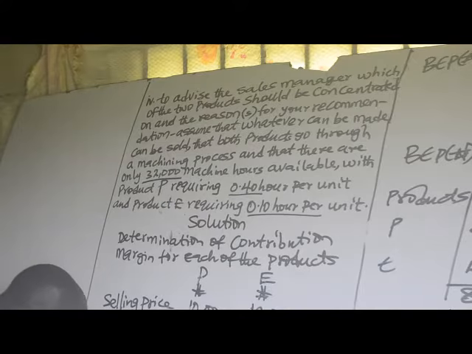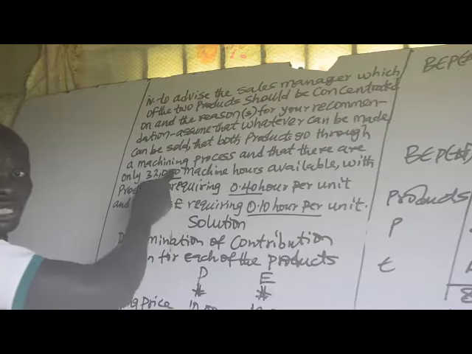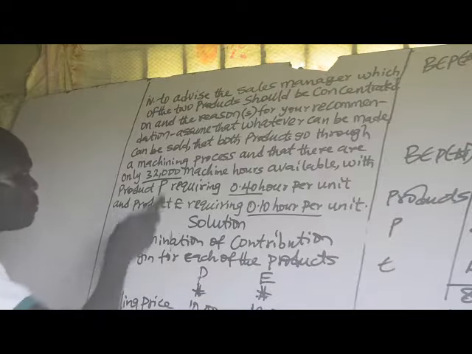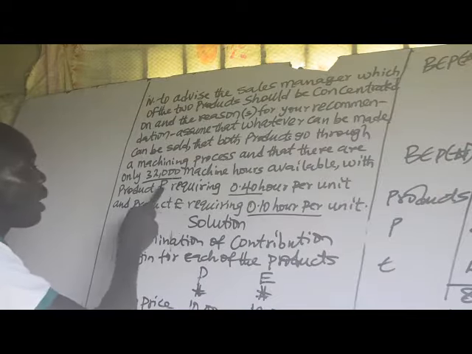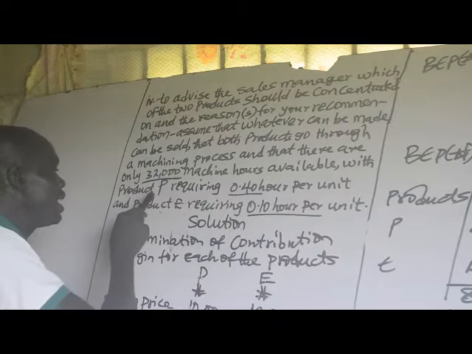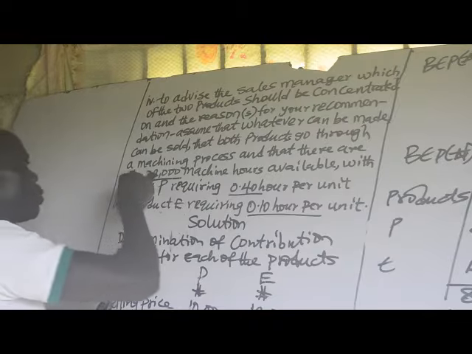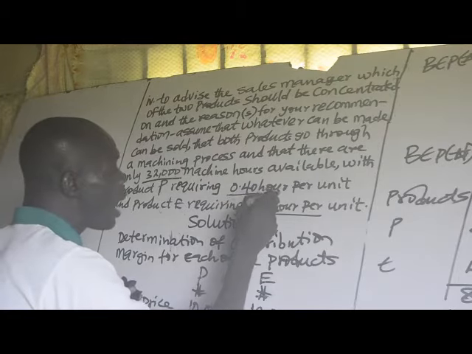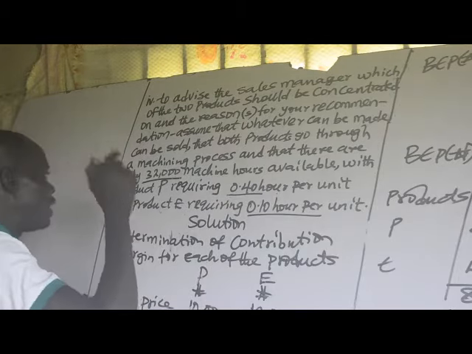You know the available machining hour is 32,000 machine hours. How many units of product P can be produced with 32,000 machine hours, if 0.40 hour is required to produce a unit?